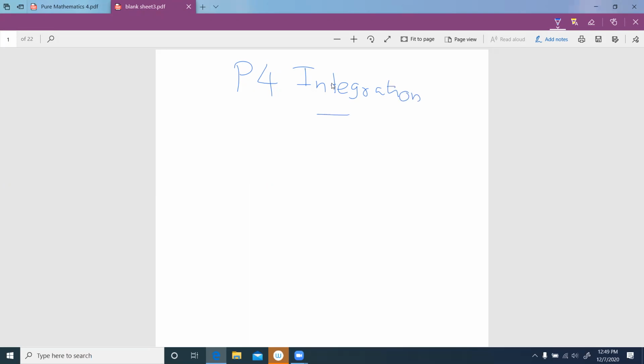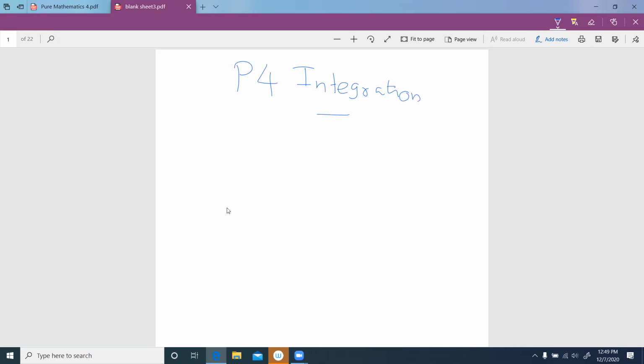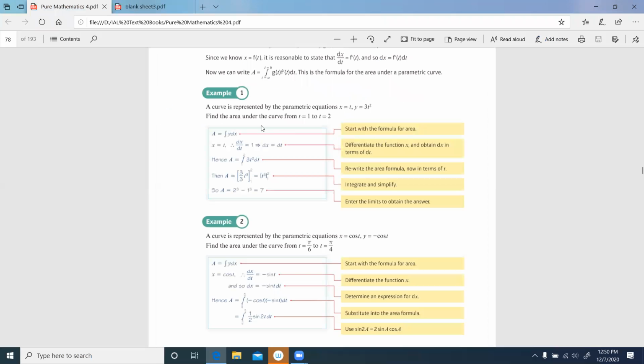PO4 integration, the first part we are learning about is parametric integration.